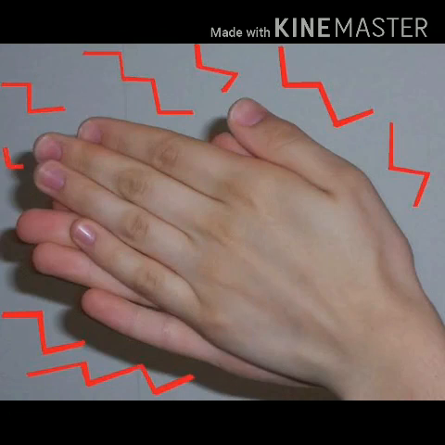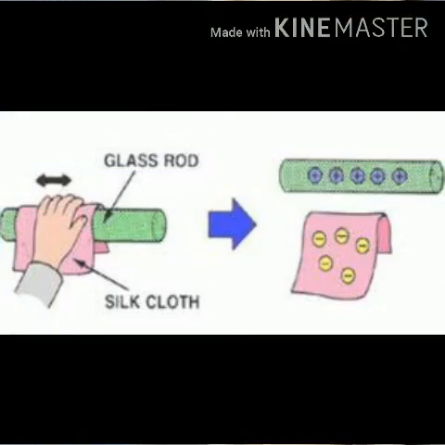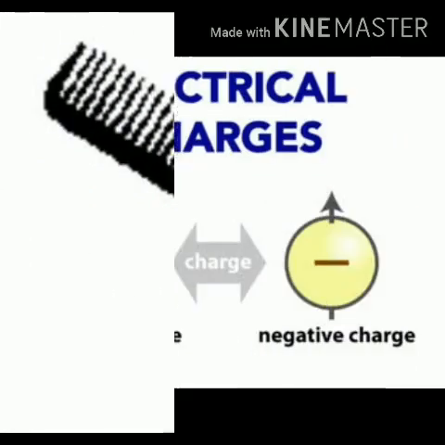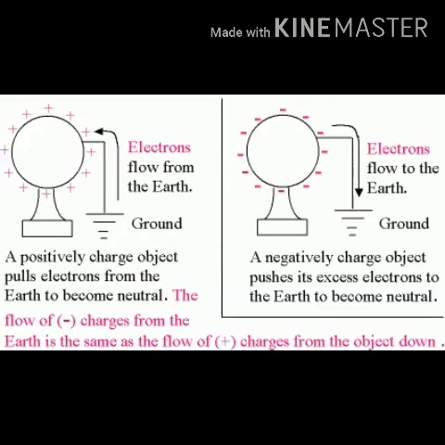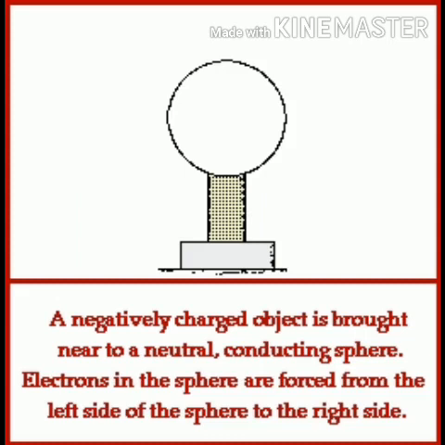Like we have rubbed our hands, we have rubbed silk cloth with a glass rod, we have rubbed a comb on hair, etc. With the help of these experiments, we saw the reason behind the object becoming positively and negatively charged is the transfer of negatively charged particles from one object to another object.